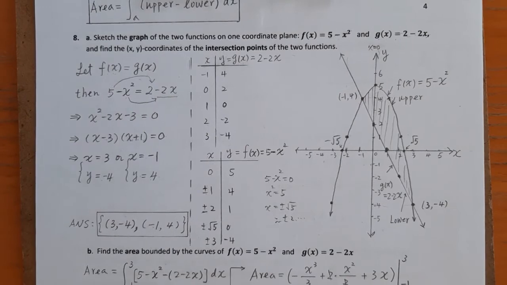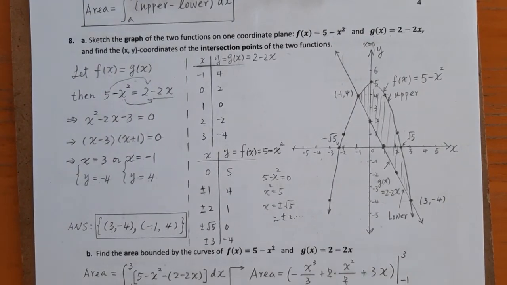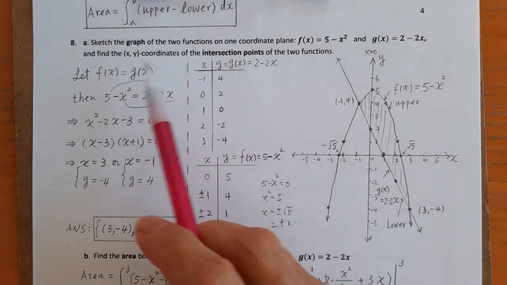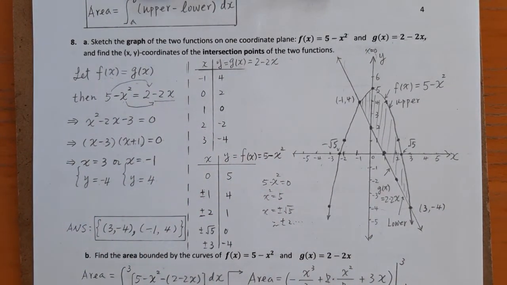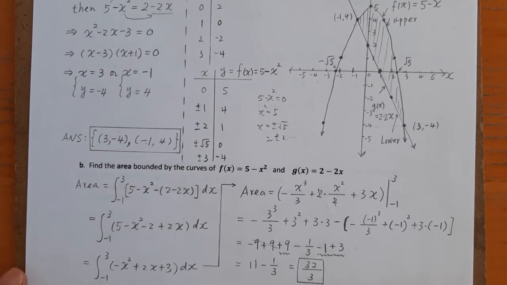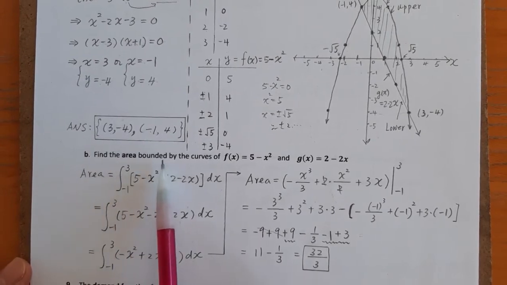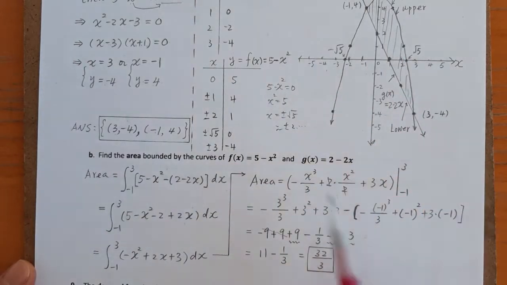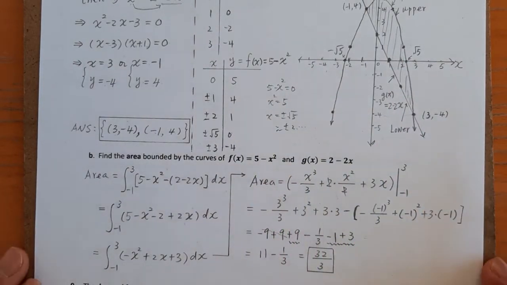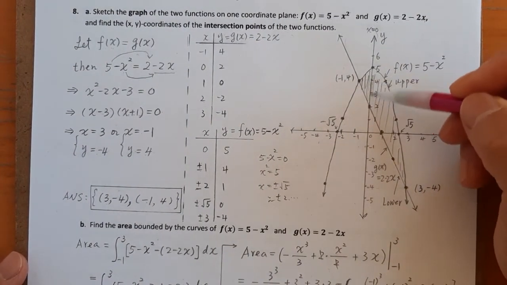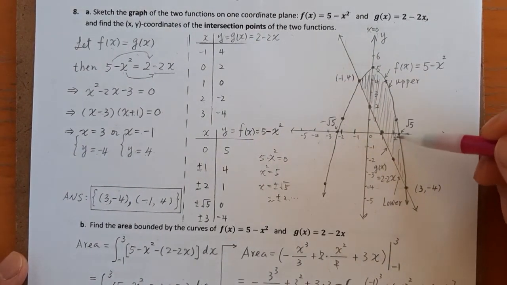Get the parabola. And the question asks you, so this is the graph. Part B asks you to find the area bounded by the curves of the above two functions. So the area bounded by the two functions is this area between them.